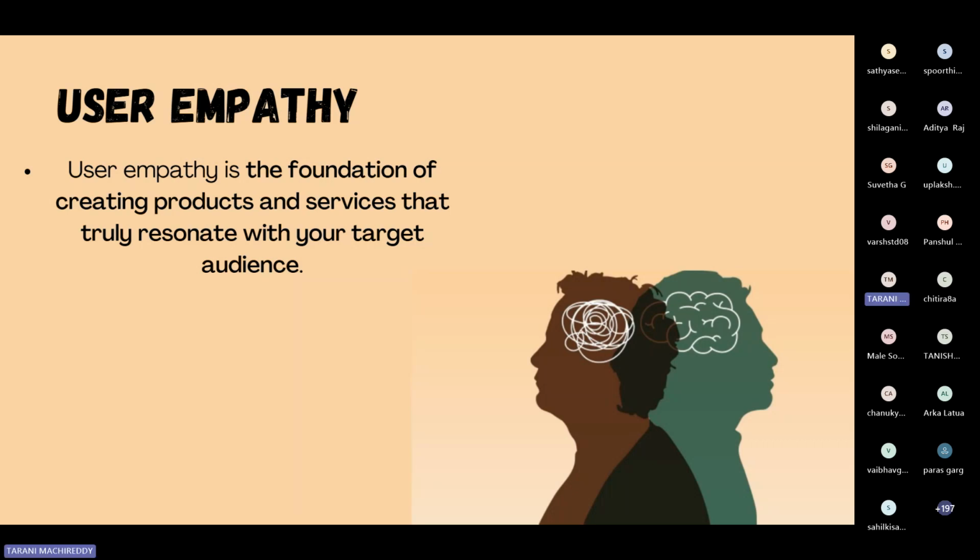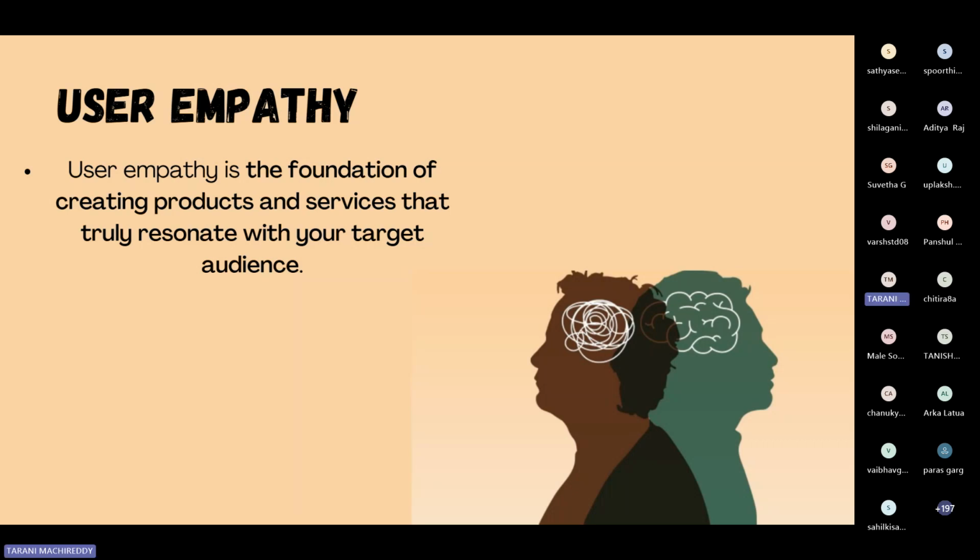It drives innovation. When we understand unique challenges we can create innovative solutions. So we can say it drives innovation, it builds trust among the users, and it fosters inclusivity.